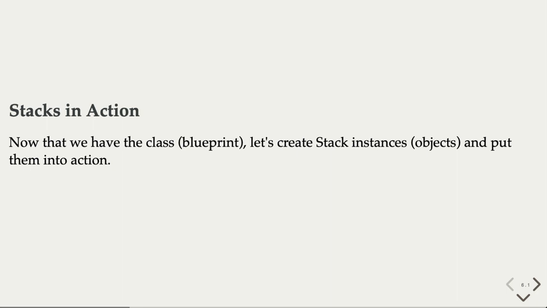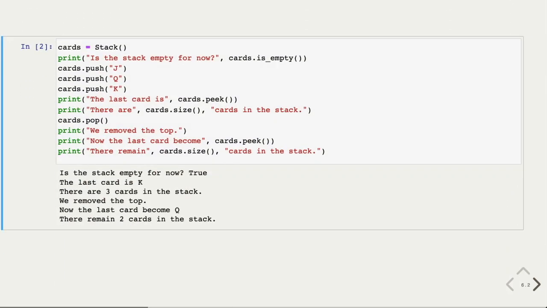Now that we have the class or the blueprint, let's create some stack instances based on the blueprint and put them into action. So in the code, we first create an empty stack cards by calling the stack constructor, which executes whatever you have in the init function.